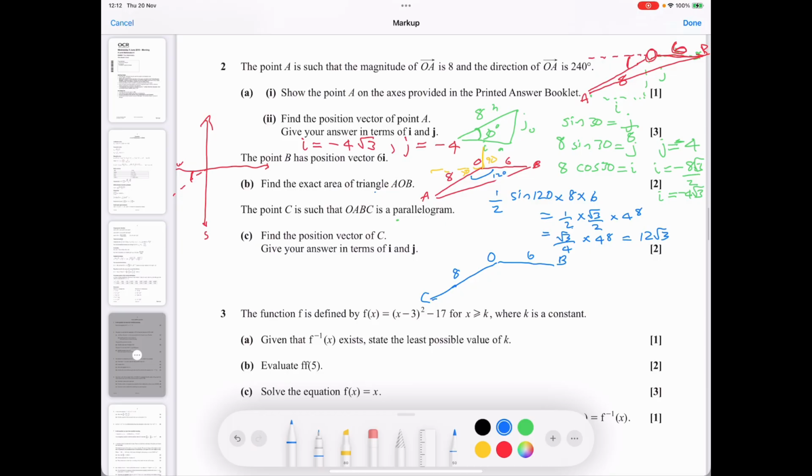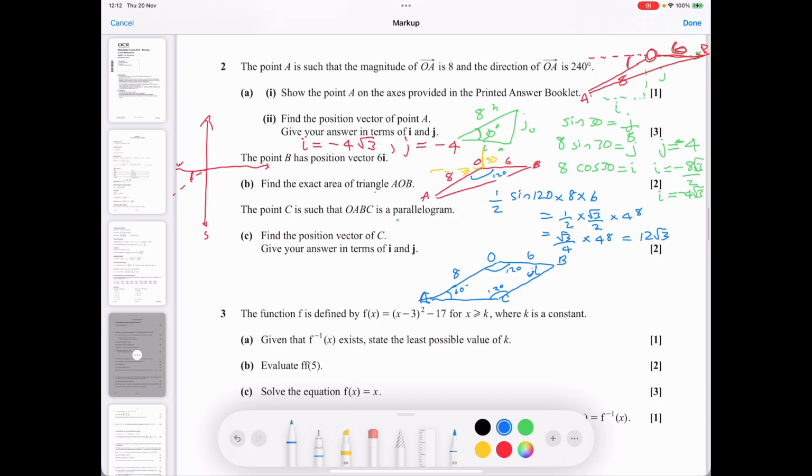So let's draw 6 along here. This would be where C is. That's an A even. And then that's there. And we know that that's 120, and whatever 240 minus, that's 120, so that's 60, and that's 60.